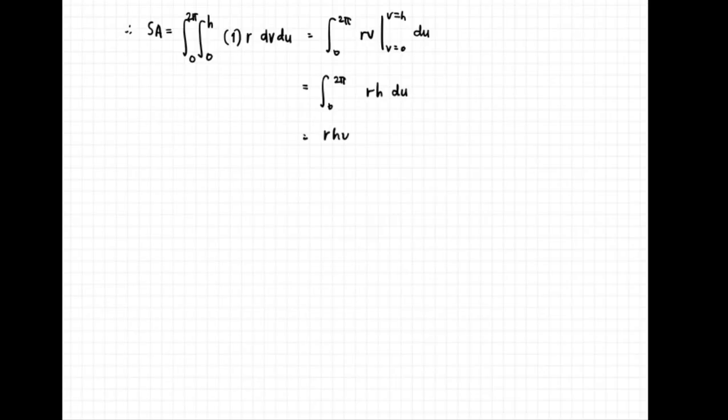Its antiderivative is rhu, where u here is from 0 until 2 pi. And so when u is equal now to 2 pi, we have here 2 pi rh. When u is equal now to 0, you get 0. And so you obtain here this answer, 2 pi rh, which is expected for this example.